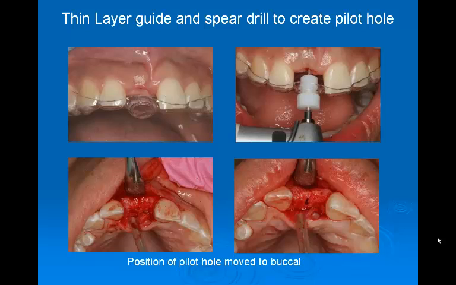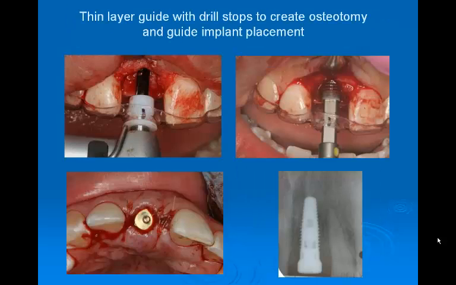As shown in this slide on the lower left, due to a planning error, the pilot hole is slightly too far to the lingual, and as shown in the lower right, was therefore moved slightly to the buccal. Although the position of the pilot hole was changed, the ThinLayer guide was still usable to guide preparation of the osteotomy and placement of the implant in an ideal position. This could not have been done with a tube guide.